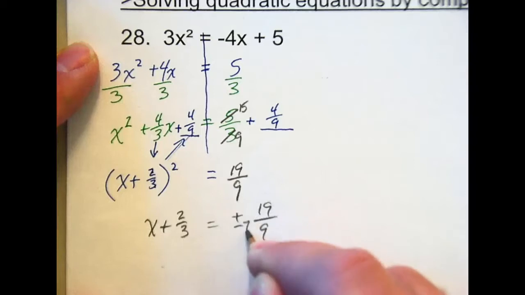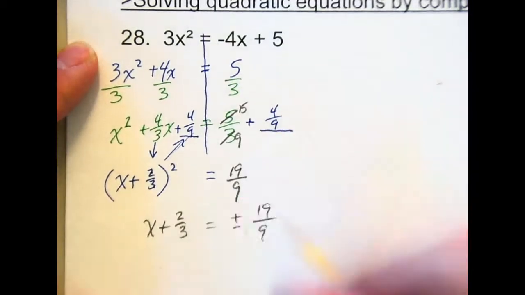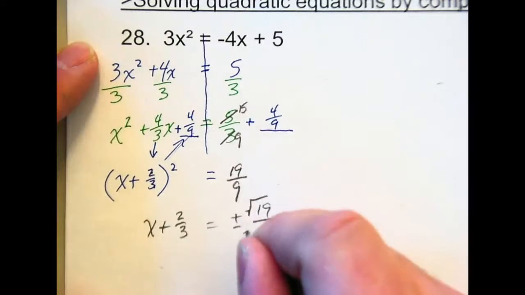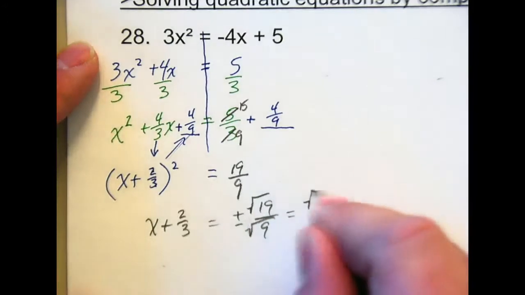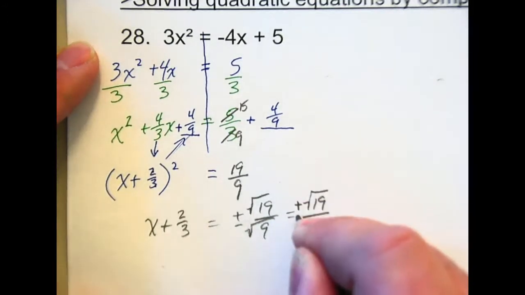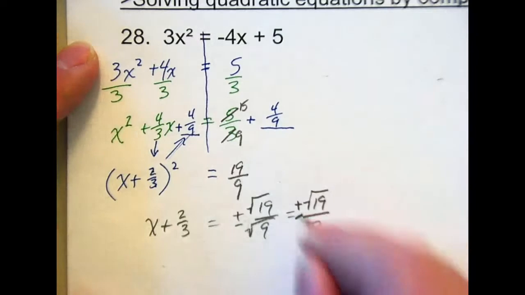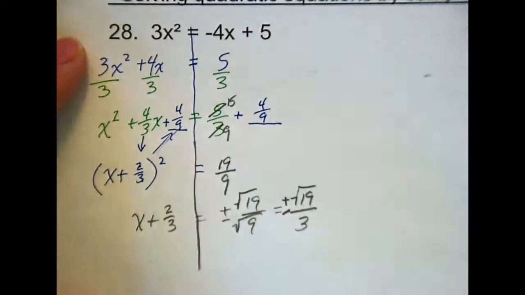Now the square root of 19/9 is the same thing as the square root of 19 over the square root of 9. And I like that form because I can't have a radical in the denominator. It gives me root 19 over 3, plus or minus root 19 over 3. And now I have to subtract 2/3.